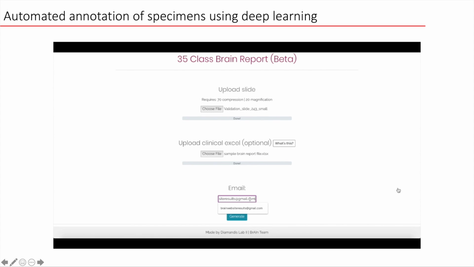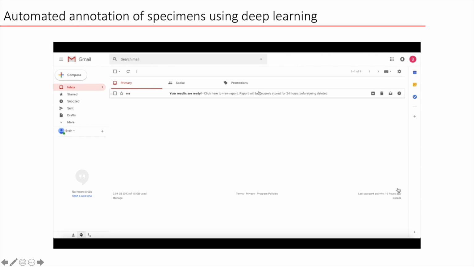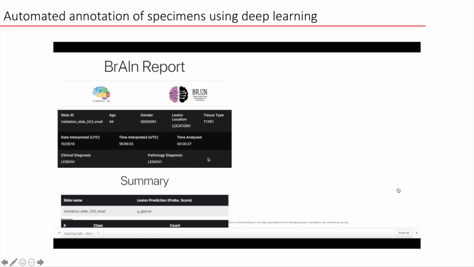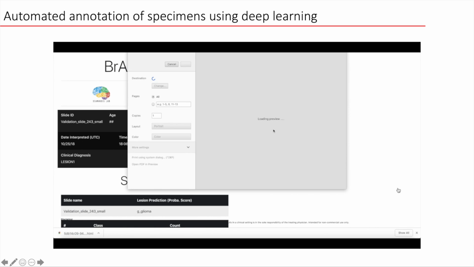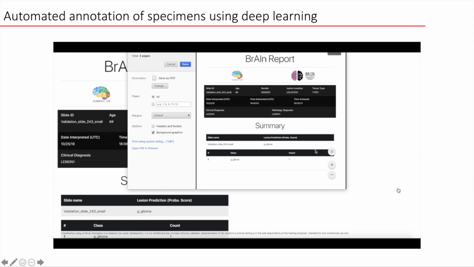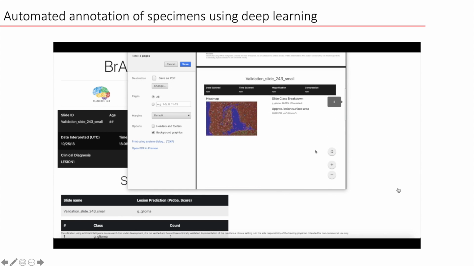You add your email where you want your reports sent to, and then by clicking generate, this will send your image to our server and carry out this classification in the cloud. Once it's done, it'll send the report to your email, and then you can print or save it as a PDF, and again have this information readily available to you.